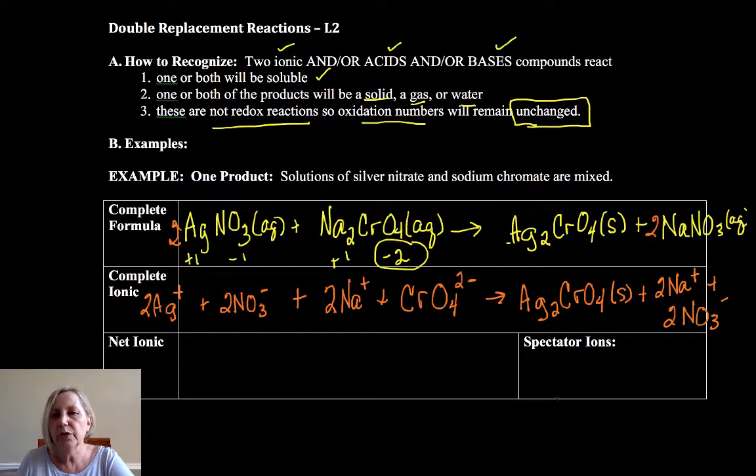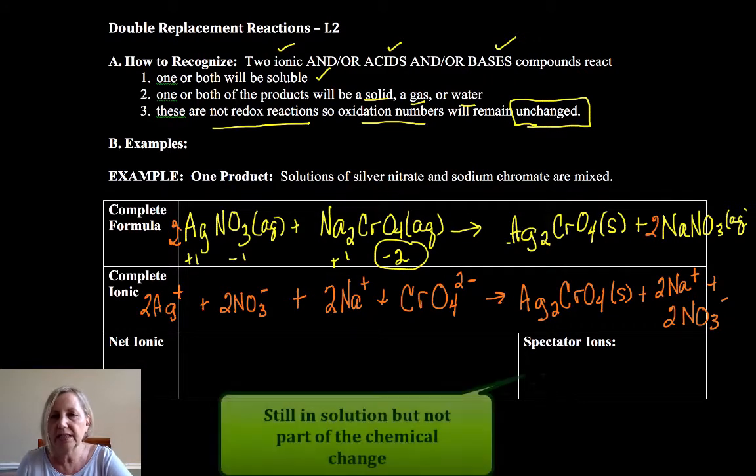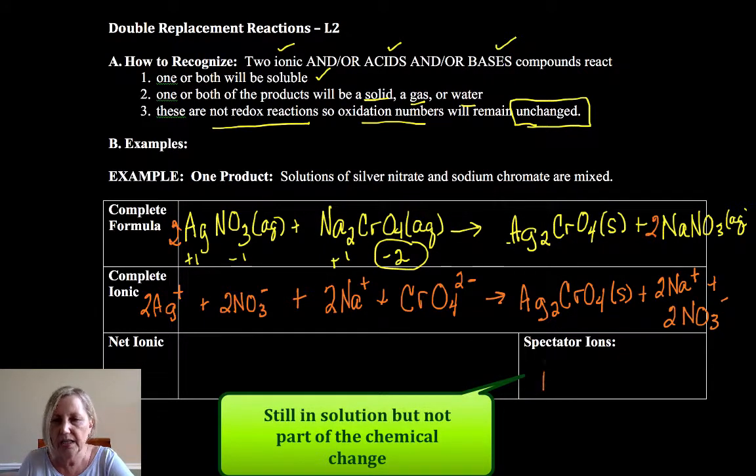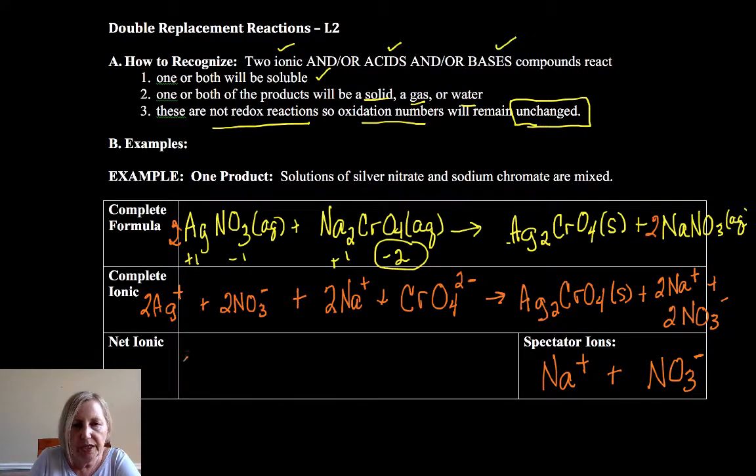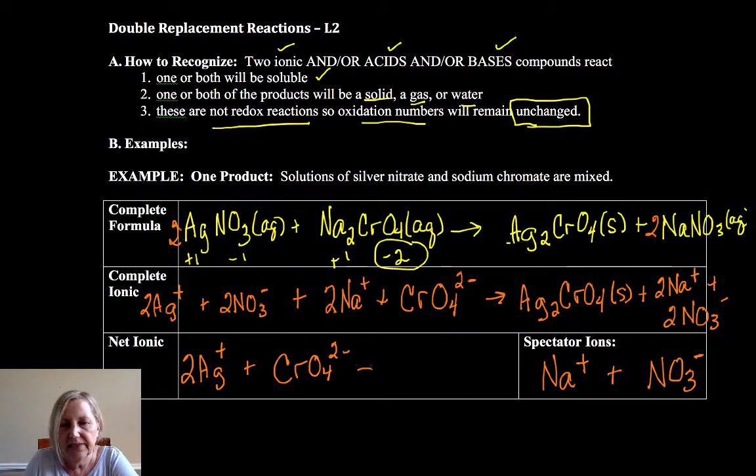Anything that remains unchanged from reactant to product is a spectator ion. So in our case, the sodium ion and the nitrate ions were unchanged. To zero in on the interesting chemistry, we would have silver ion plus chromate ion to give us that solid silver chromate precipitate.